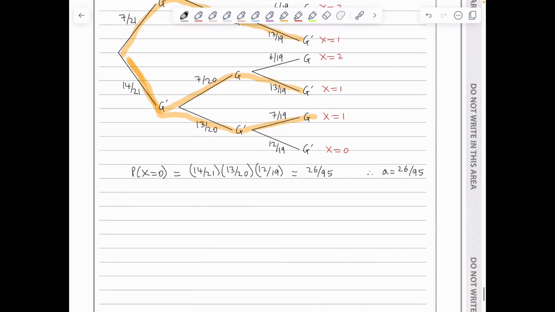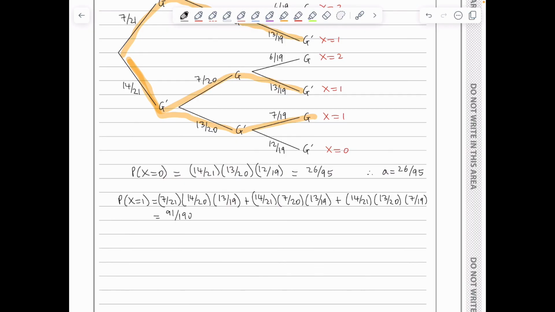So the probability of x being equal to 1 is 7 over 21 times 14 over 20 times 13 over 19 plus the 14 over 21 times the 7 over 20 times the 13 over 19 plus 14 over 21 times the 13 over 20 times the 7 over 19, and this gives an answer of 91 over 190.